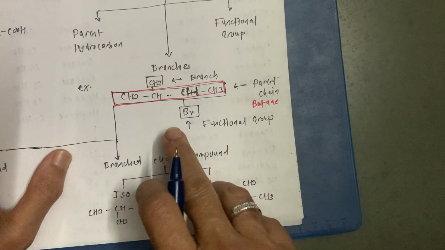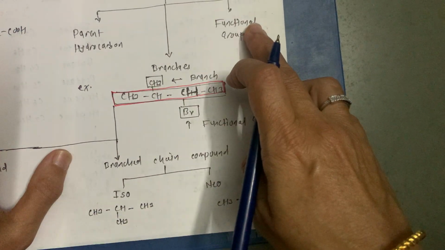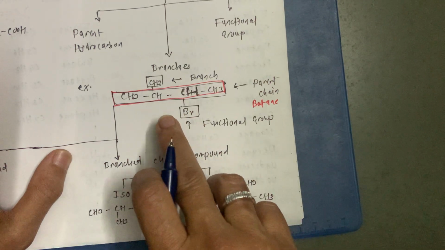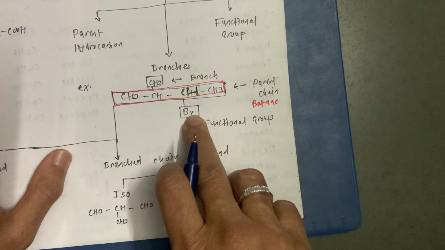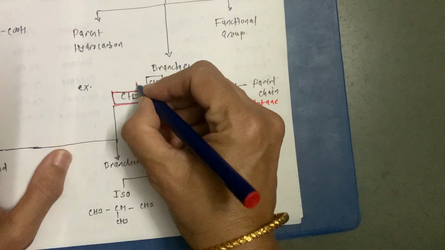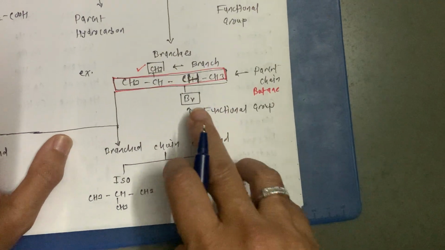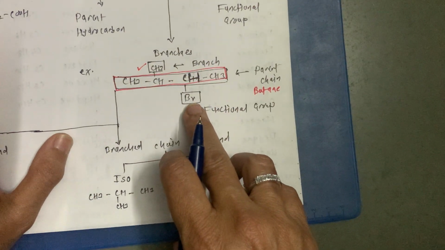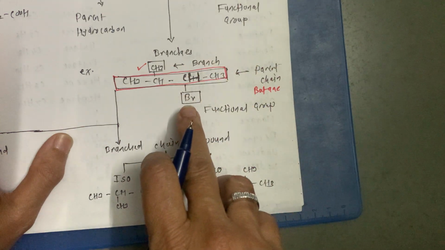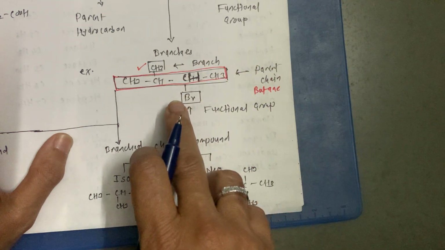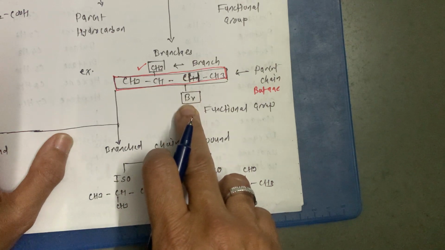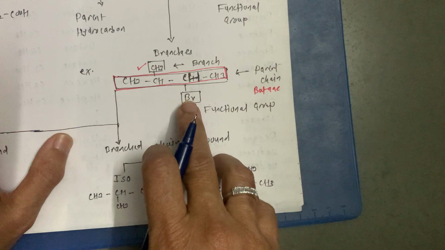Now when there is a functional group, here halogen is the functional group. So first priority we have to give to the functional group, and then the second priority to the branch. As here is the bromine and this is the parent chain, we have to give the lowest possible number to the carbon which is attached to the functional group. This is our second rule.